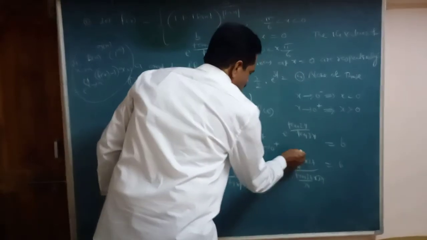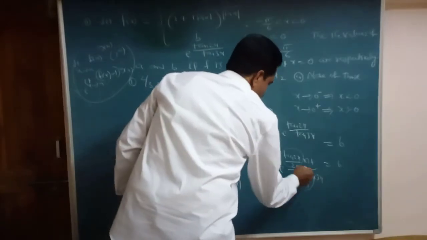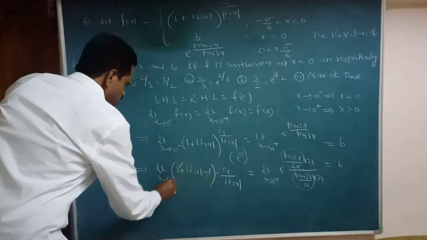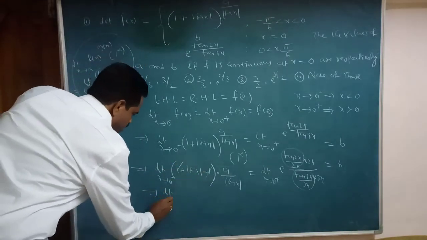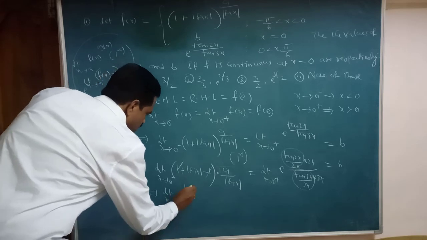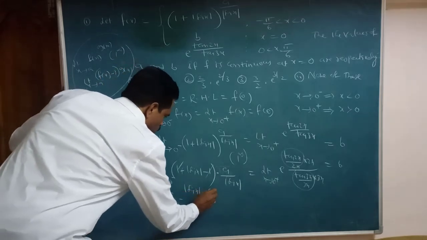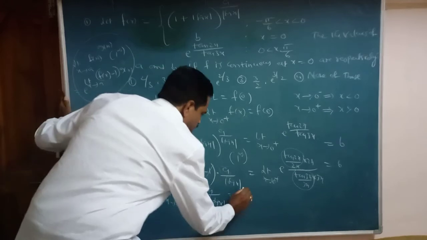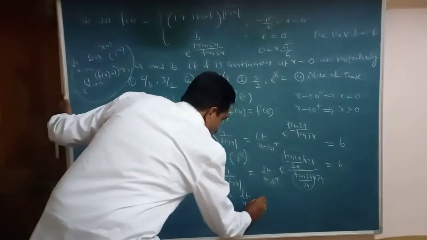So tan 2x by 2x is 1, tan 3x by 3x is 1. So the 1s cancel. That implies limit x tends to 0 minus, what remains is mod sin x into a by mod sin x, equal to limit x tends to 0 plus, e power.